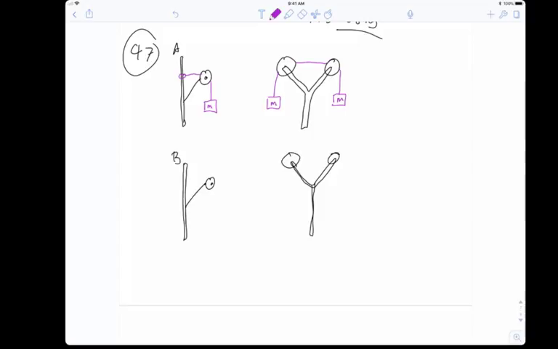The third one has this and then double the mass. The fourth one has one mass going like this, and then two masses here. I guess the thing likes calling this one B, C, D.